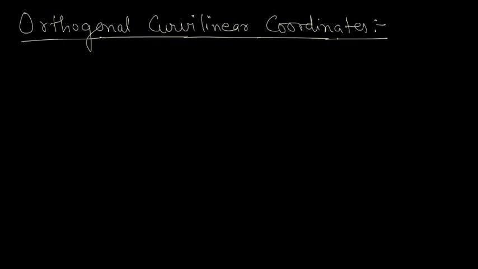And by orthogonal, I mean that if you take x and y, the dot product of x and y is 0, which means x and y are orthogonal. So we are going to deal with the orthogonal curvilinear coordinate system.